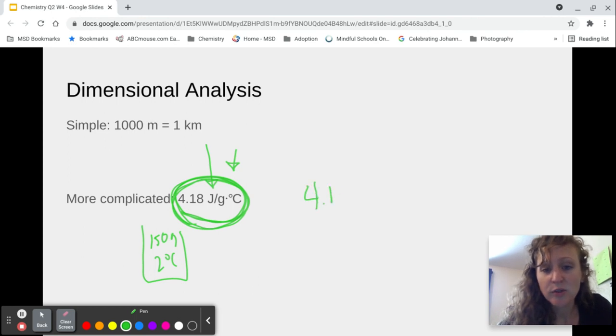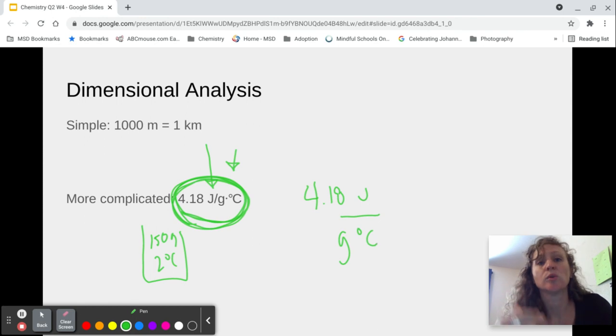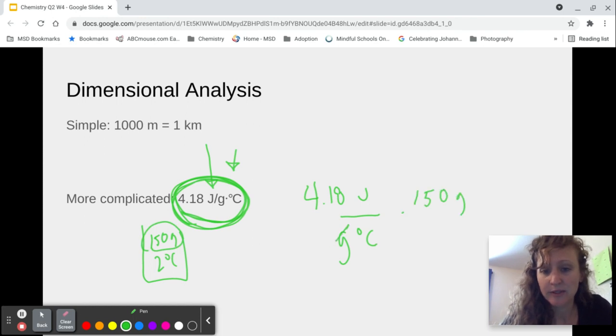All I have to do is arrange the units that I'm given to reduce out to the one unit I want to be left in, right? I have grams. I can multiply by grams and reduce out grams. I have Celsius. I can multiply by degrees Celsius.